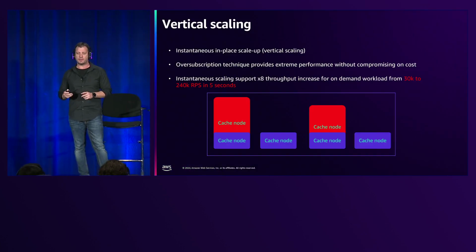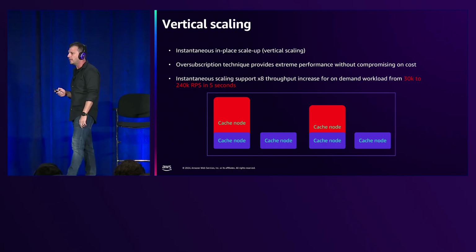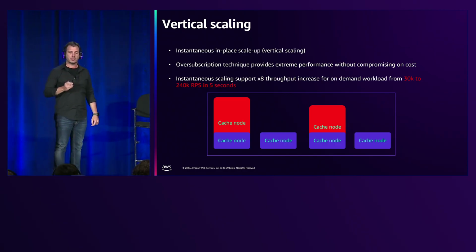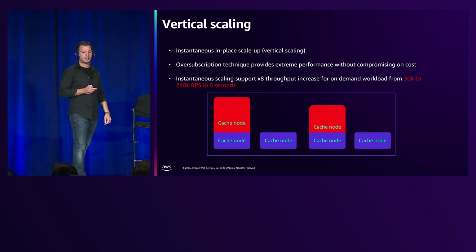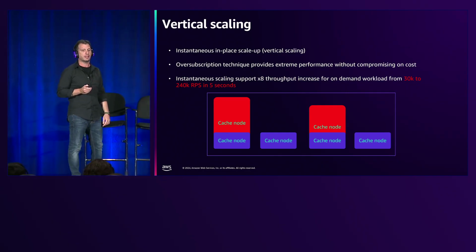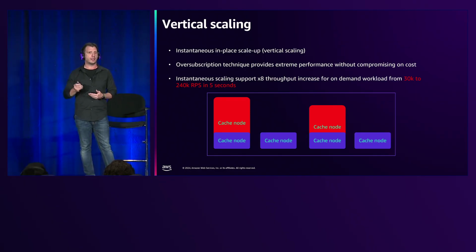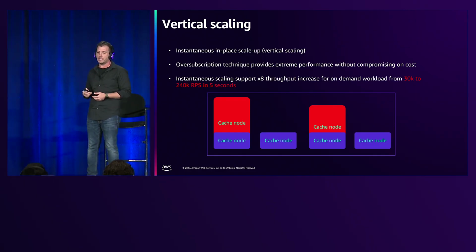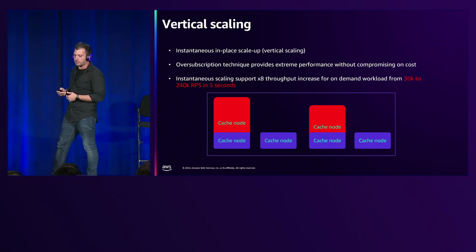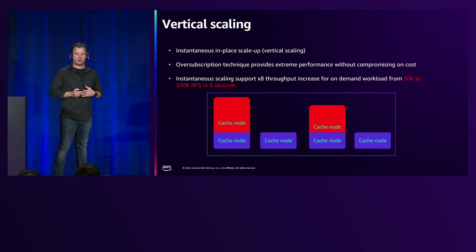We are using platform technology that does not have a fixed memory or CPU footprint and allows us to scale up and down very quickly and easily. This technology delivers very good performance without compromising on cost because we are using oversubscription techniques. So it actually allows us to instantly grow and shrink our compute in place. It provides us the extra memory, CPU, and network bandwidth when we need to rescale and reshard.